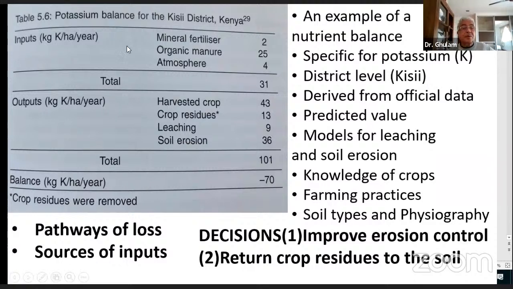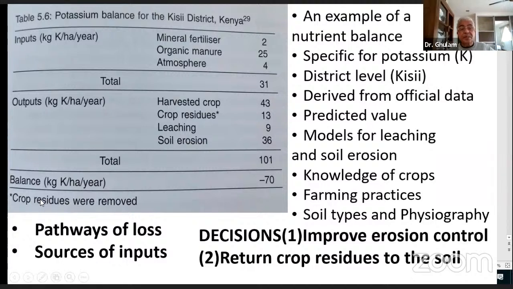So from here, assuming that all the values are accurate and reliable, you can see that this one you cannot do anything because you harvest the crop. That's your purpose of growing them anyway. The soil erosion is very high, a contributor to the loss of potassium. So to me, one needs to do something about erosion control here in this Kisii district. And also the crop residues, as far as possible, should be returned, not removed.